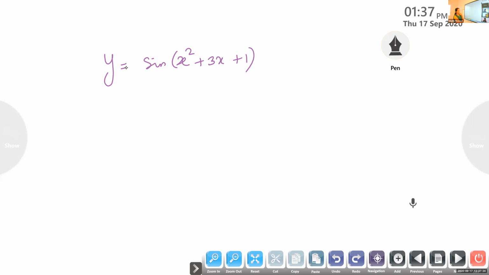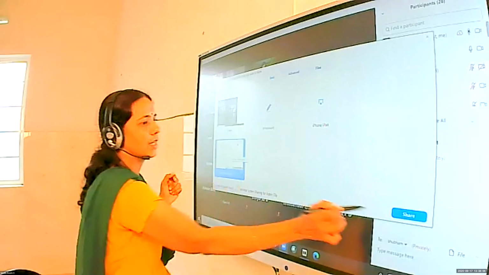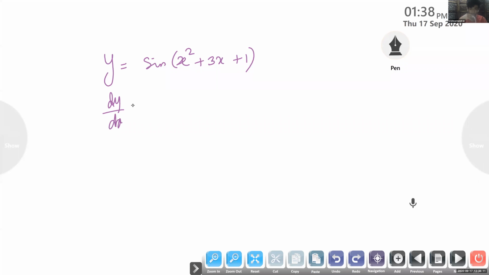Cos of x square plus 3x plus 1 into 2x plus 3. Okay, but when you read it, don't read cos into. It is cos of. Ma'am, your answer is correct. Cos of x square plus 3x plus 1 into 2x plus 3. It's correct.